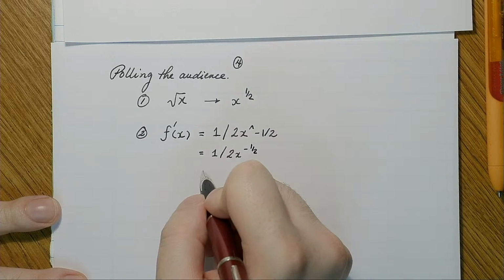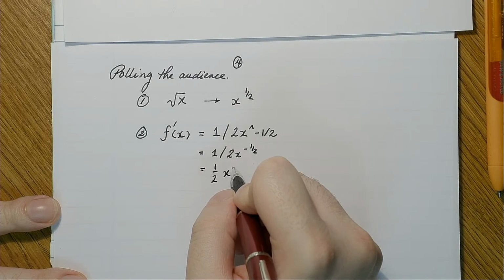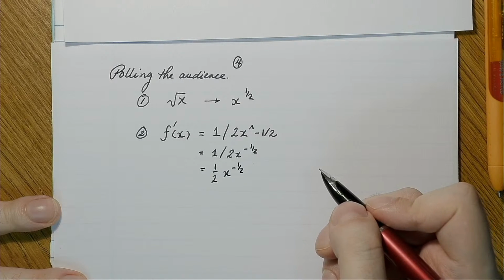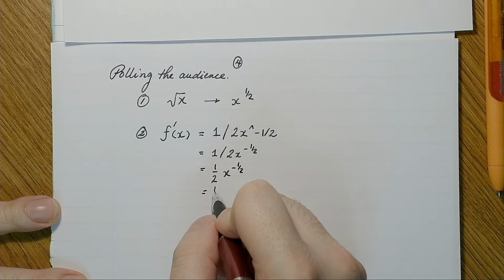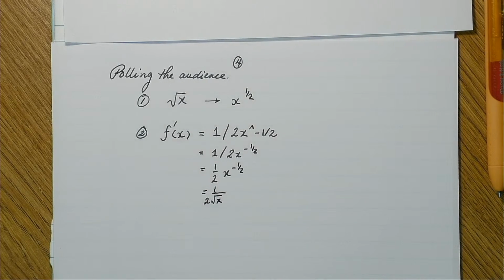So I'm not sure if they mean 1/2 x to the minus like that, which then again would be equivalent to 1 like that. But you're on the right track.